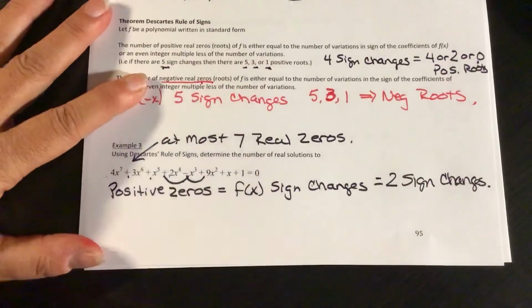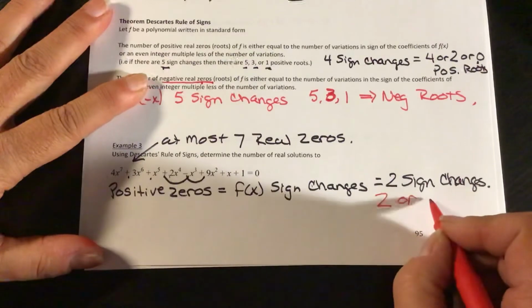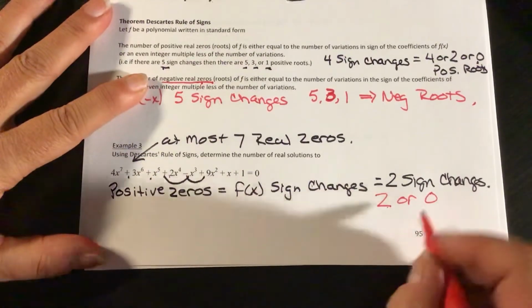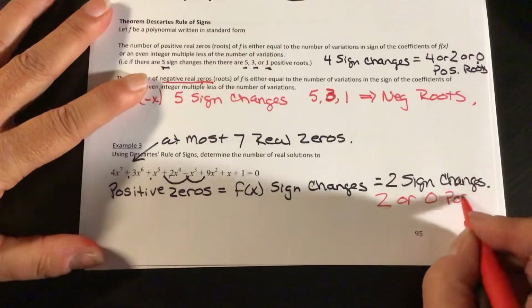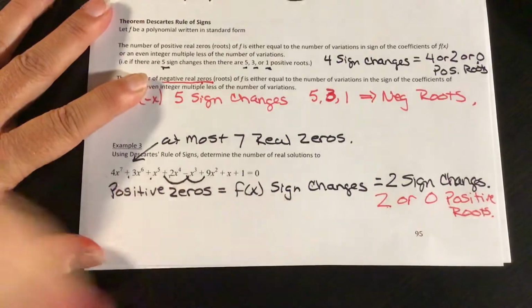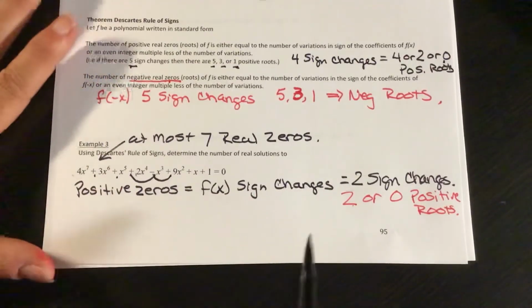That means I can have 2 or any other even number less than 2, which is 0 positive roots. Two or 0 positive roots.